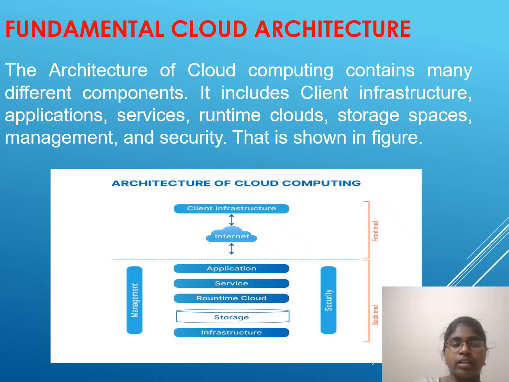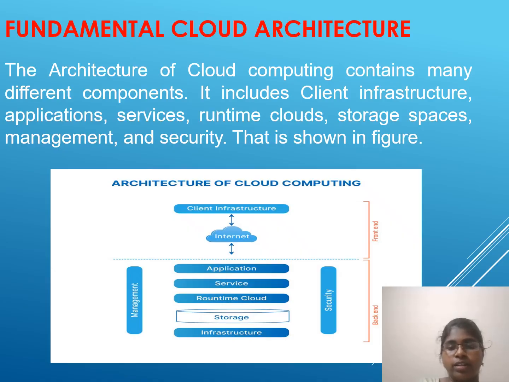What is the backend? The backend is the hidden part that works in the background to process data. Example, database, server, and logic that make the website actually work. It is the brain of the application. The cloud computing architecture contains the client infrastructure.